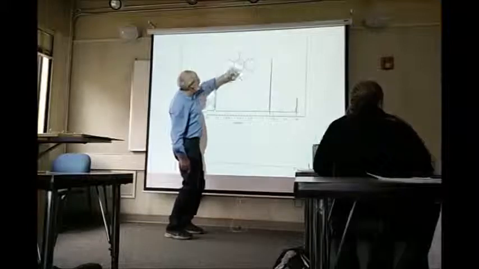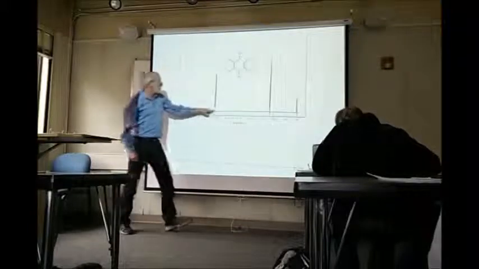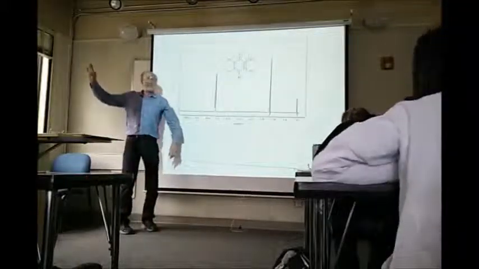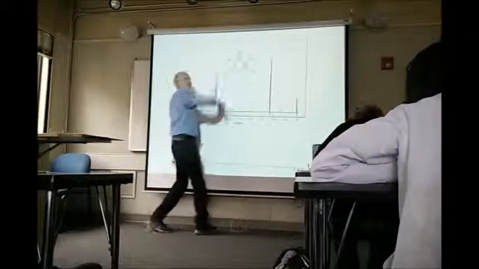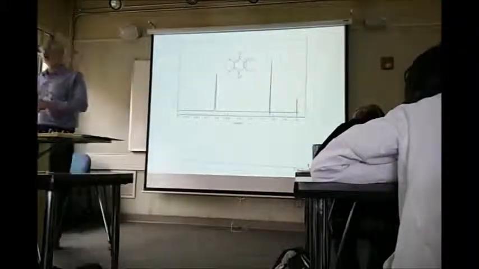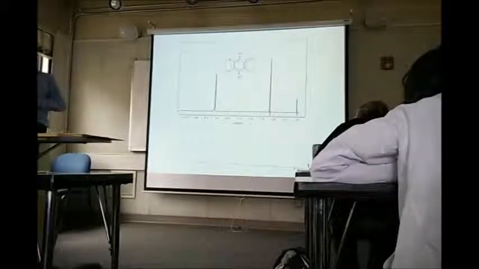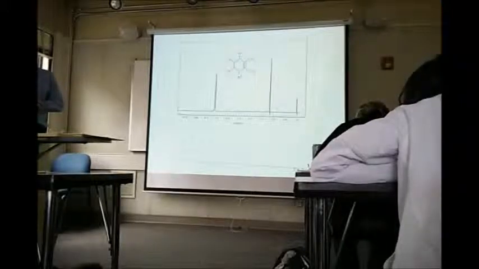So hydrogens attached to an aromatic ring are extremely de-shielded, not by something that's electronegative, but by what's called the ring current. The what? Ring current. It's the rotation of the electrons in that aromatic ring.